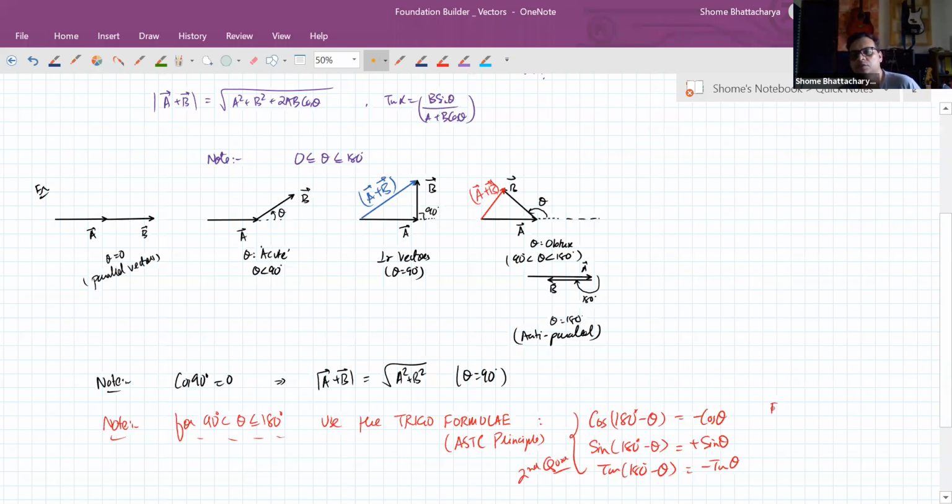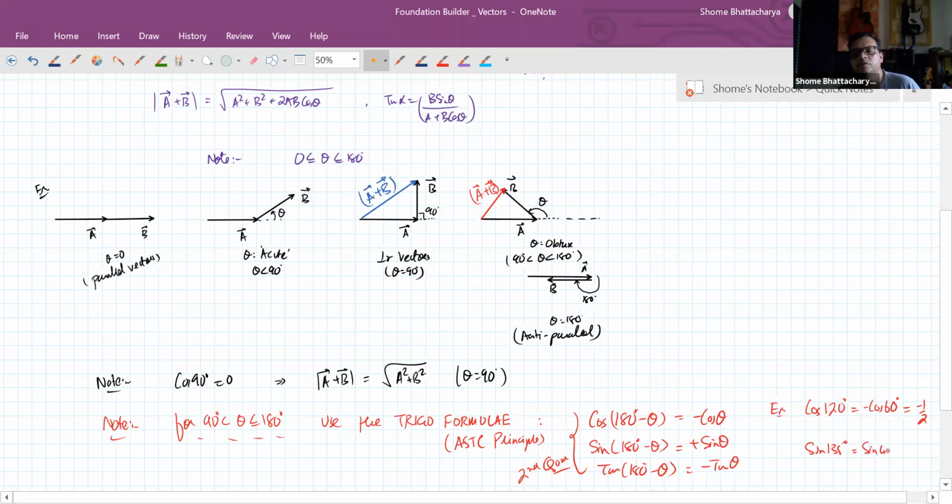Okay, so for example, cos 120 degrees according to this formula becomes minus cos 60, so it becomes minus half. Sine of 135 degrees will become sine of 45 degrees, so it will be 1 by root 2. So we will understand very shortly when we do component algebra the logic of these formulae. But for now, just remember them like maths formulae. Whenever theta is obtuse, that is, greater than 90 but less than 180, we have to use these 3 formulae for the application of the triangle law.